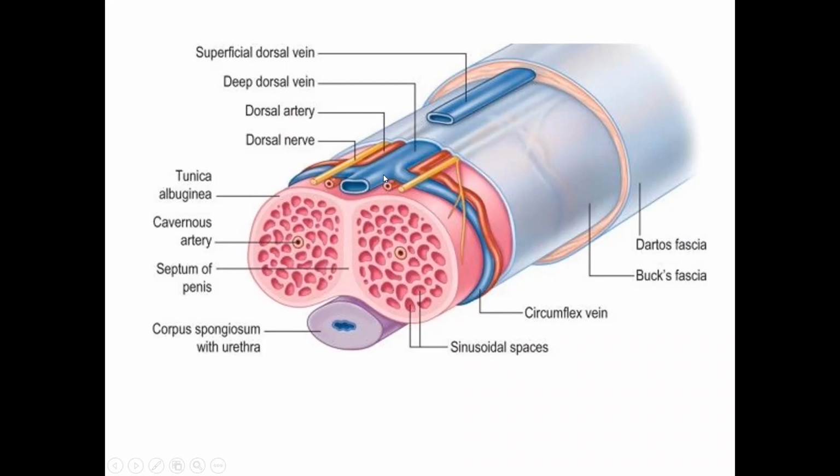Whereas after the parasympathetic supply is replaced by sympathetic fibers, there is vasoconstriction of the arteries, which allows the vein to slightly expand. The deep dorsal vein does not join the femoral vein. It goes through the gap below the pubic symphysis and enters the prostatic venous plexus.